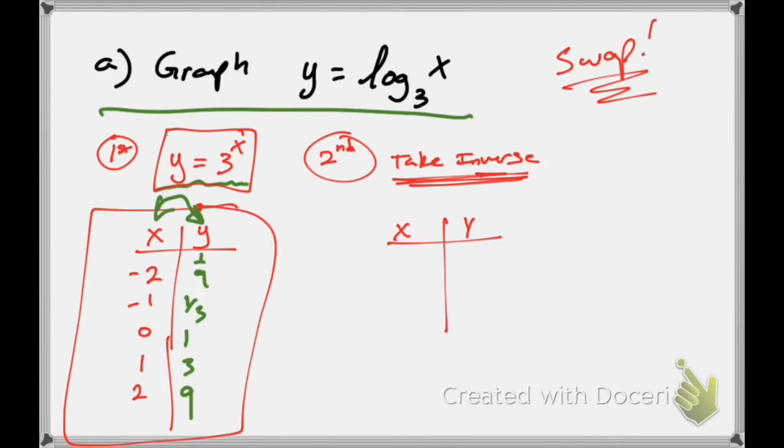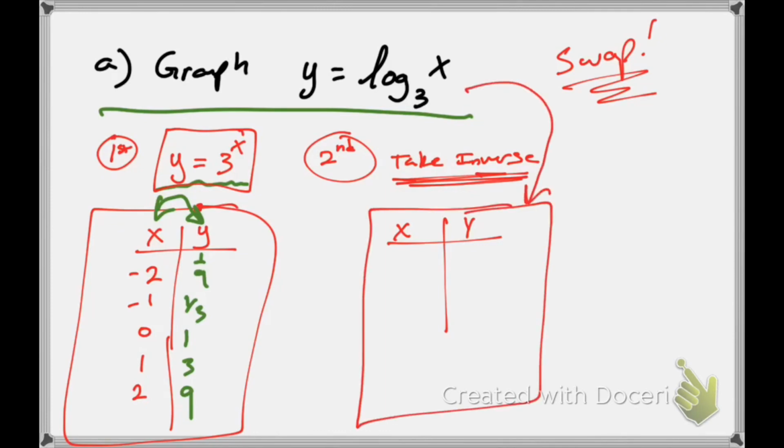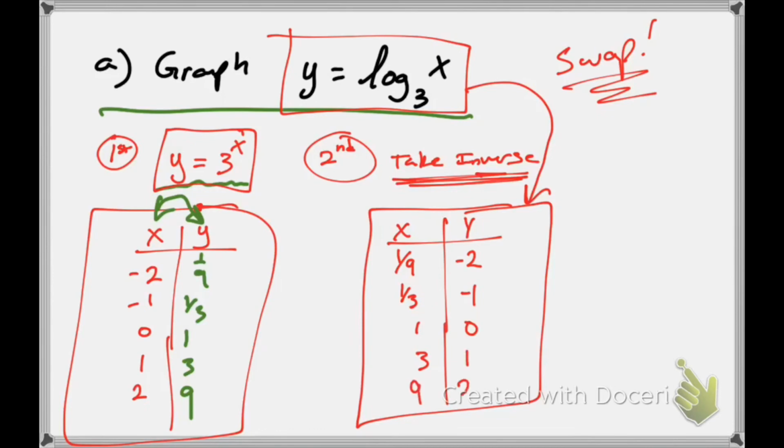So this box here will be the xy coordinates for my original function. So I get 1 over 9 will correspond to -2. 1/3 will correspond to -1. 1, 0. 3, 1, 9, 2.